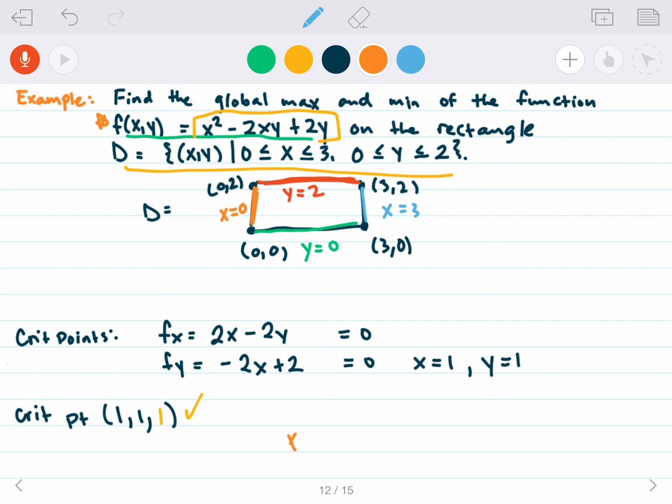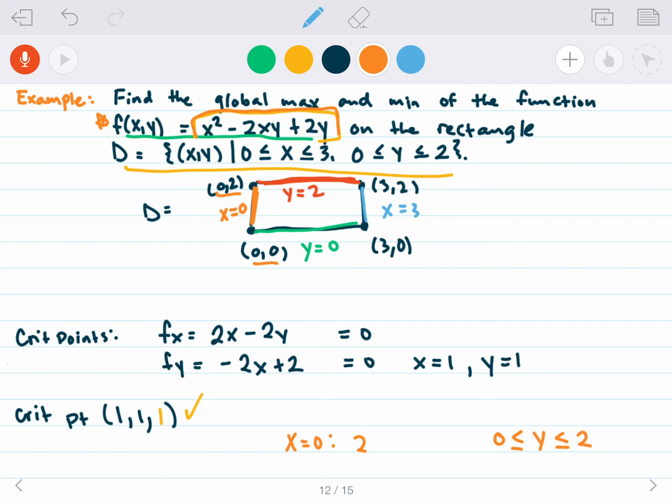Okay, so when x is equal to 0, when I plug this into my function, it says x can be 0, but y can be anything, except y does have to be between 0 and 2. So we do have that restriction. y is between 0 and 2. And when x is equal to 0, if we plug 0 into this function here, we get 2y.